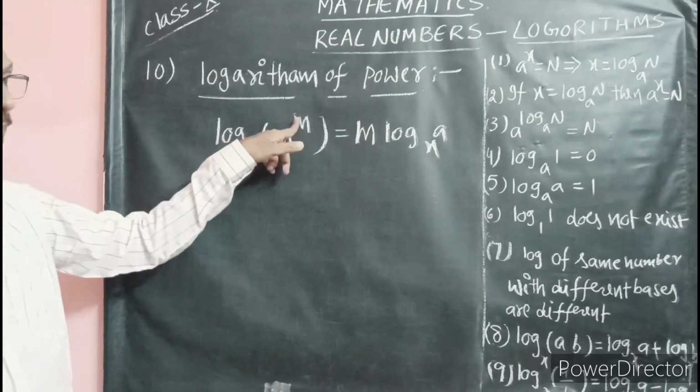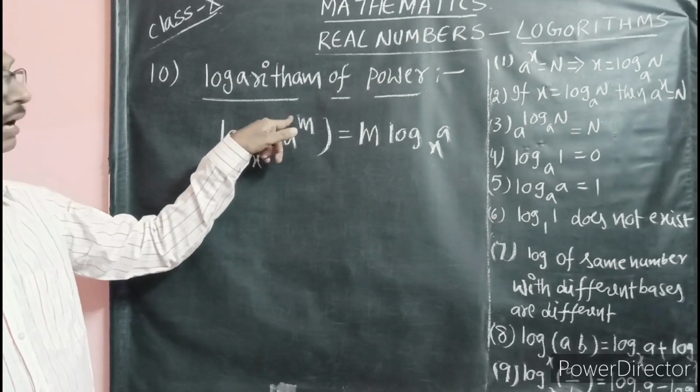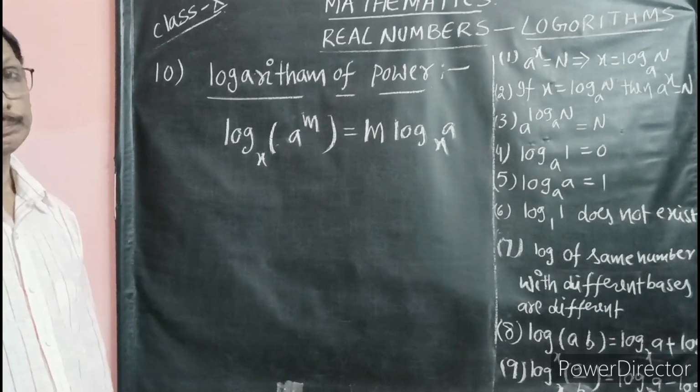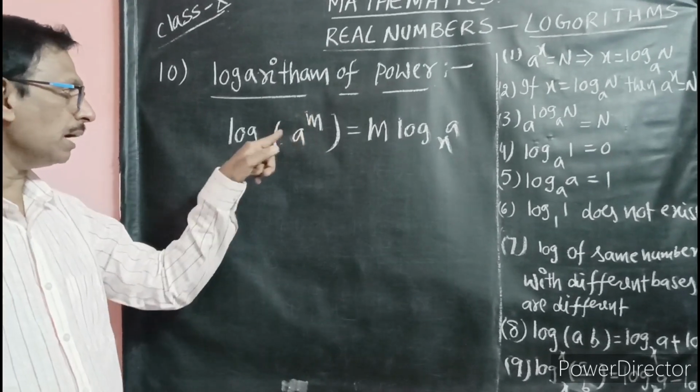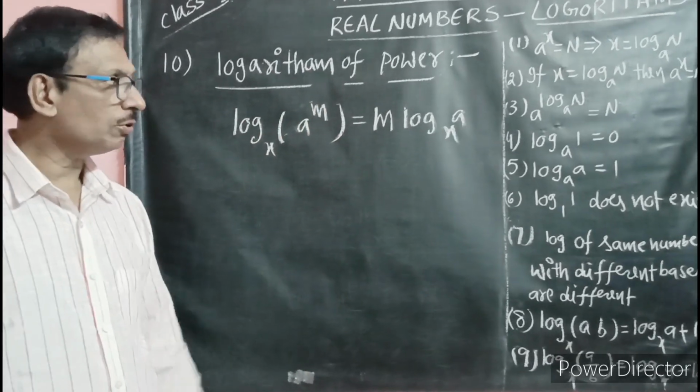Log a power m, the number is in the power form. Log a power m to the base x is equal to m log a.